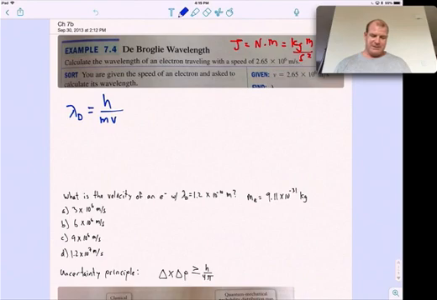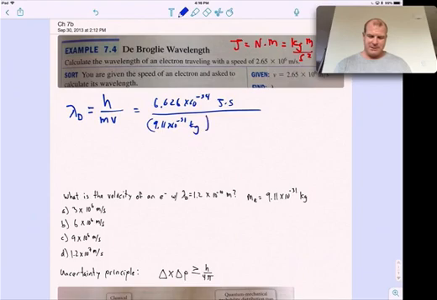Okay, de Broglie wavelength is Planck's constant over mass times velocity, and the mass of an electron is 9.11 times 10 to the minus 31 kilograms. So the de Broglie wavelength is h, 6.626 times 10 to the minus 34 joule seconds, all over mass 9.11 times 10 to the minus 31 kilograms, and velocity, 2.65 times 10 to the 6 meters per second.